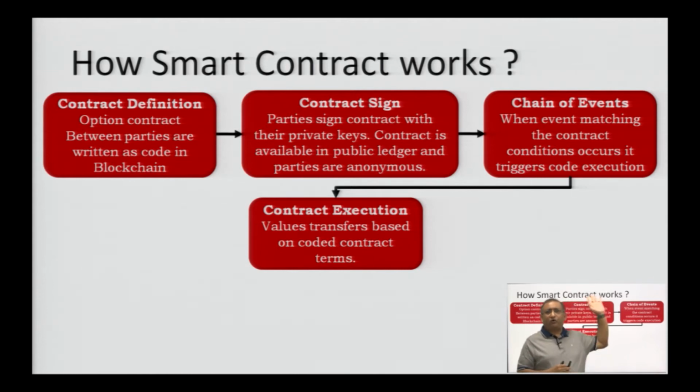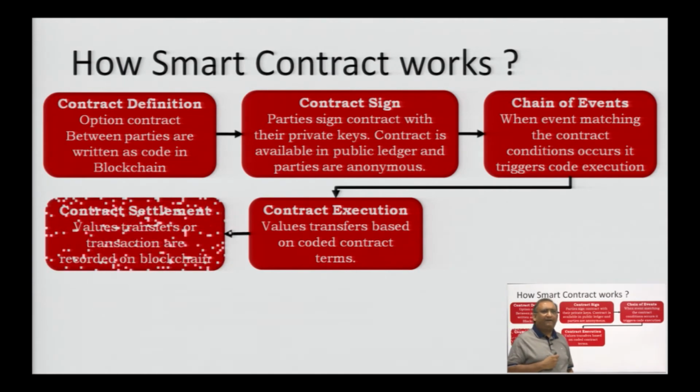So, whatever we had coded as part of the definition, the settlement processes can be done only based on that. Whenever an event happens, it checks whether there is a matching contract clause or not. If yes, then it executes that clause. And then we have a settlement. Once you execute the clause, it might be required to do value transfer transactions and record them on the blockchain.